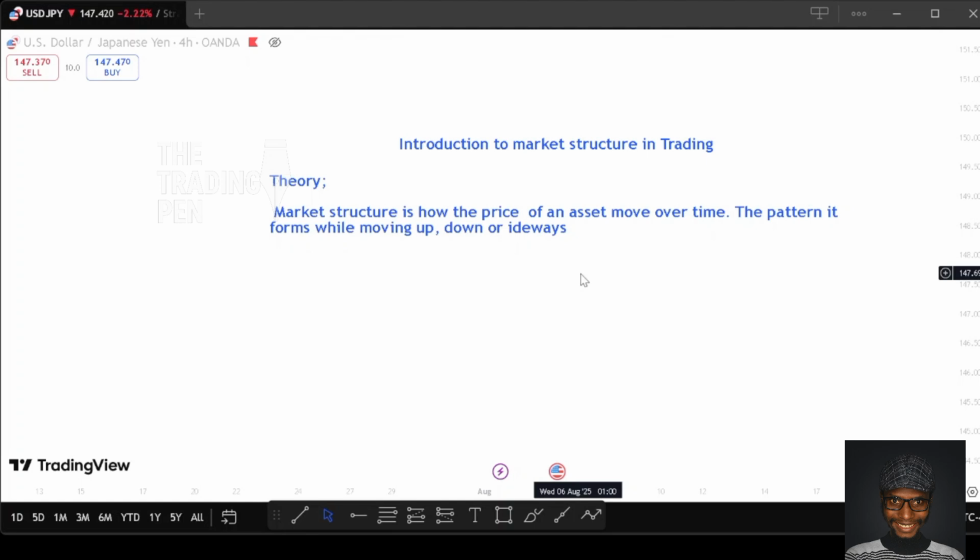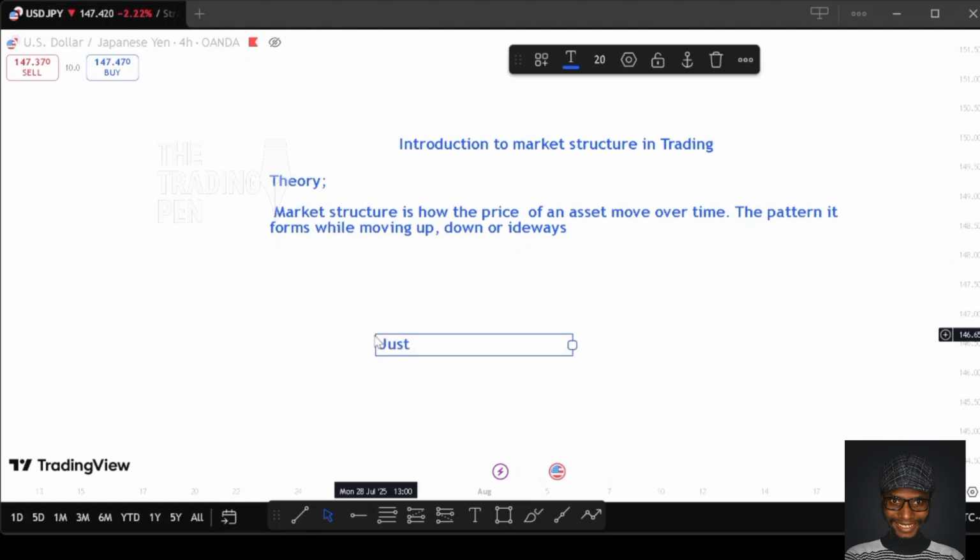That is structure for buildings. The same happens to the market. Markets have structure too.